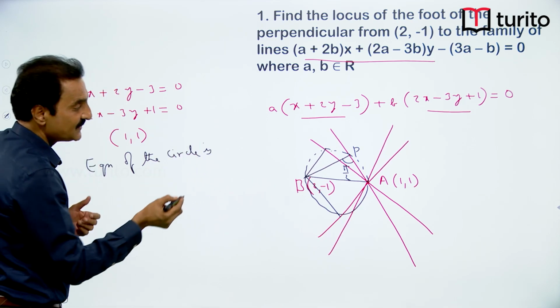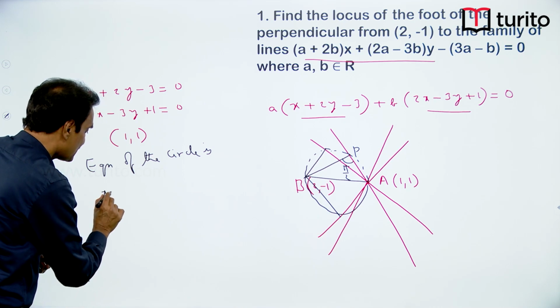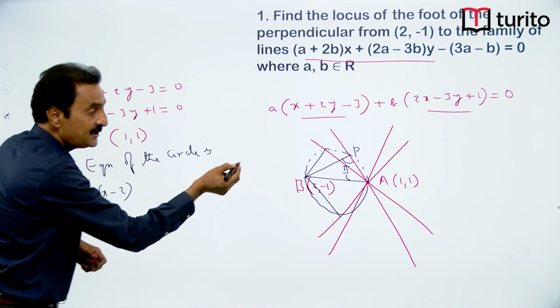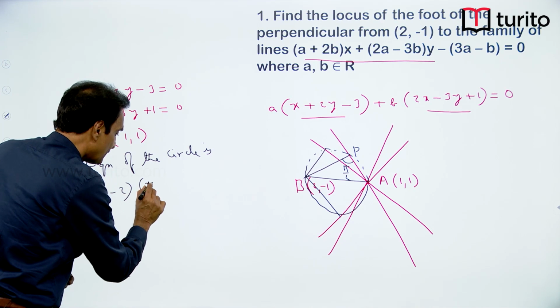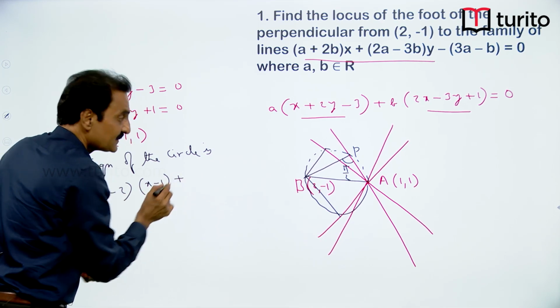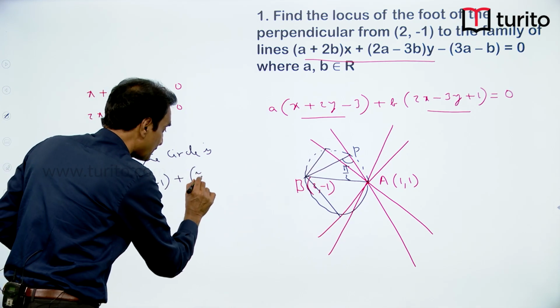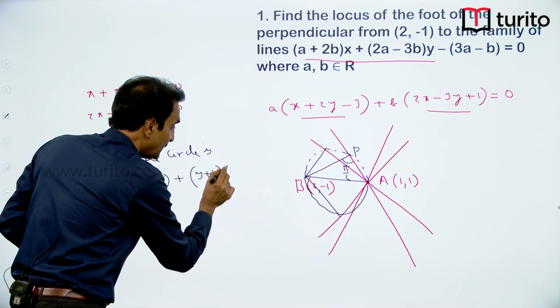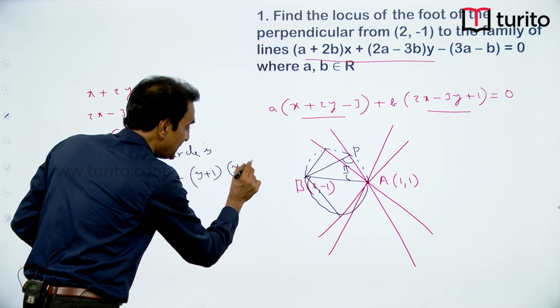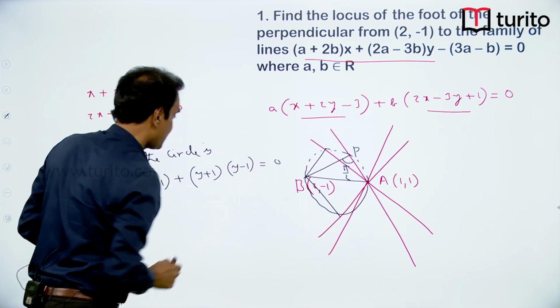Equation of the circle is (x − 2)(x − 1) + (y + 1)(y − 1) = 0.